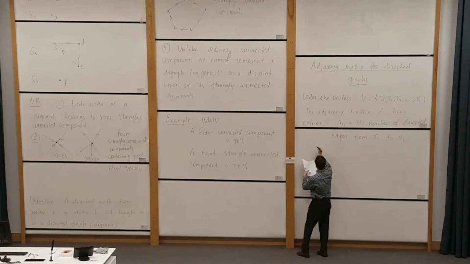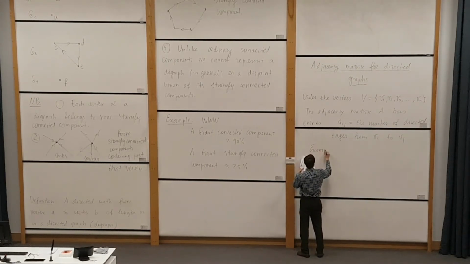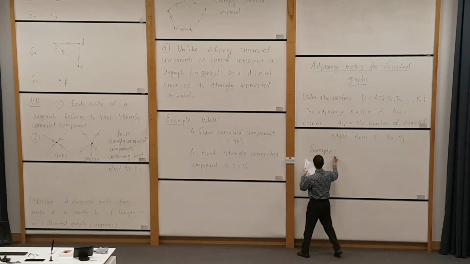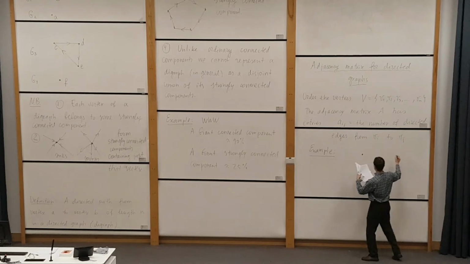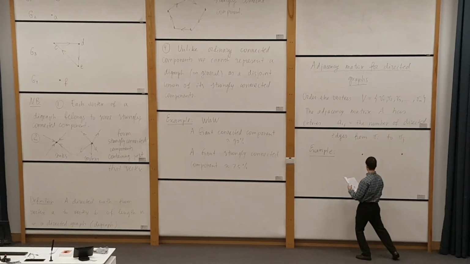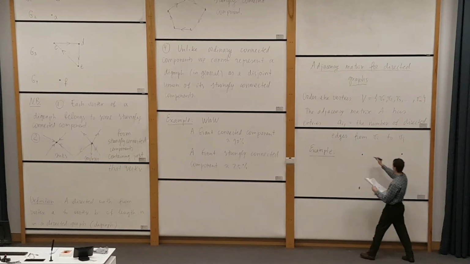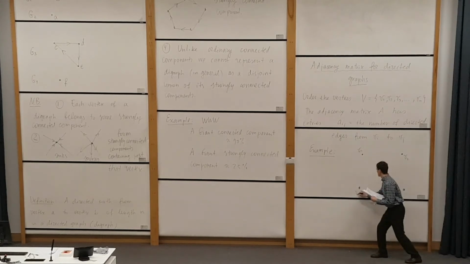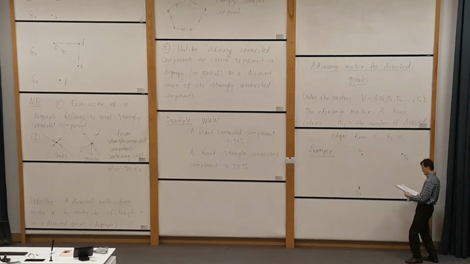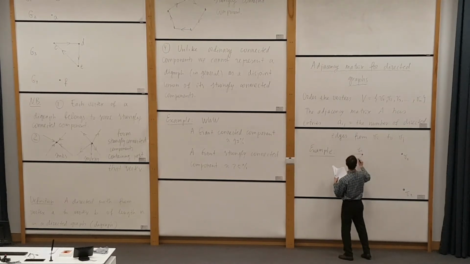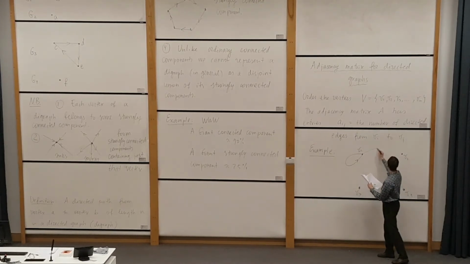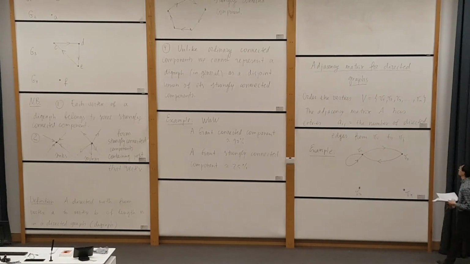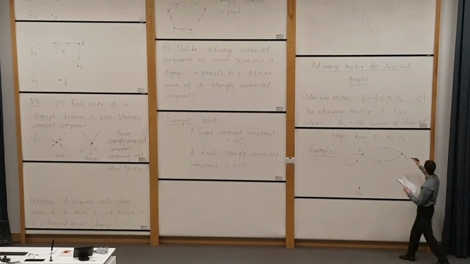So let me work out the adjacency matrix for the following example. I'm going to draw a graph that has 4 vertices, labeled V1, V2, V3, V4. Have a look. Between V1 and V2 I have 2 edges with 2 different directions chosen.